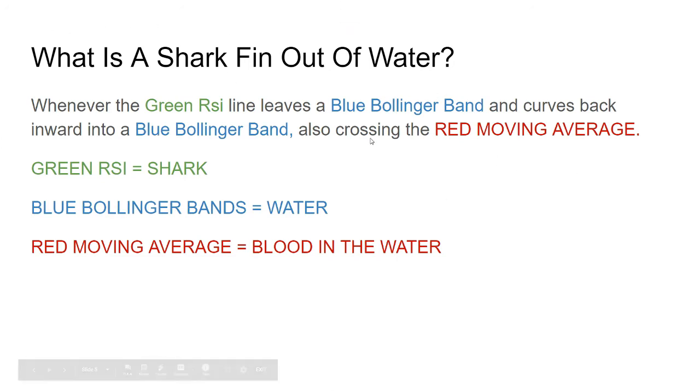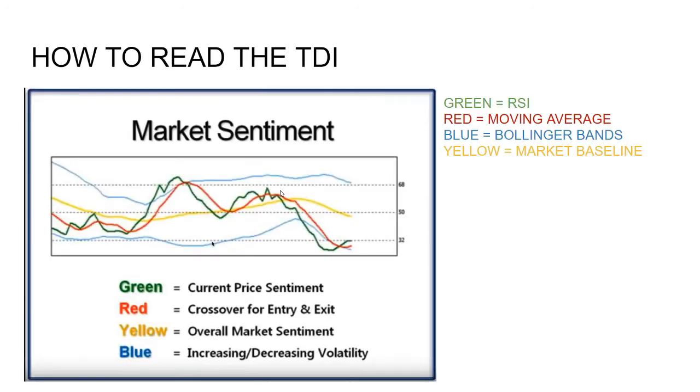However, there are shark fins out of water that don't cross the red moving average. These are kind of fake outs, and we're going to be talking about all of that later. Right here, as you can see, we have 2 blue lines, the Bollinger Bands. We're going to classify this one as water 1 and then water 2, or thing 1, thing 2.